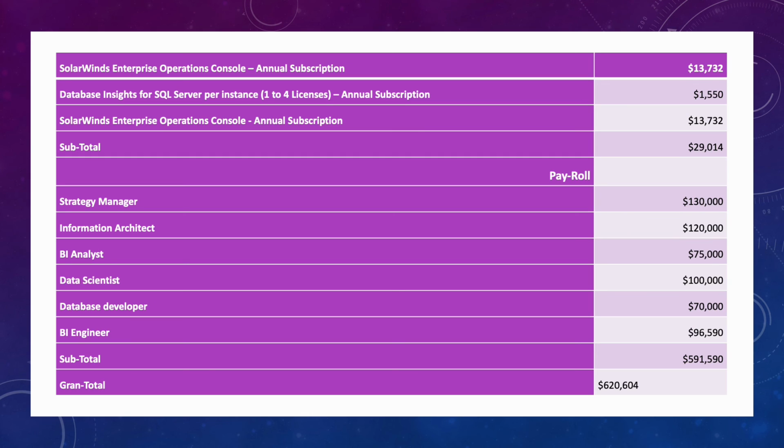And finally, here is the breakdown of what I think I'm going to need for a start of this plan. So I'm going to use SolarWinds Enterprise Operation Console. The annual subscription is $13,732.